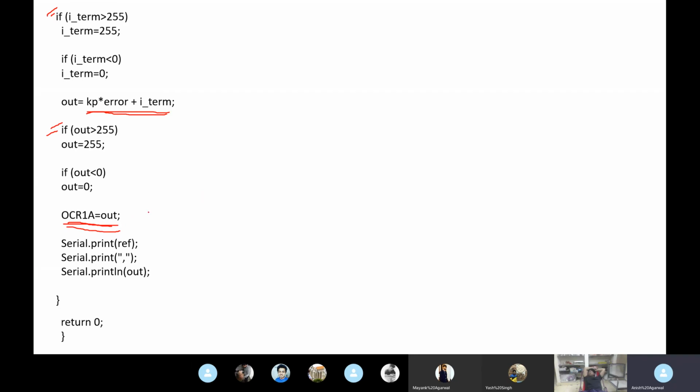Suppose output is 100. Initially this is the count of 0, this is the count of 100, and this is the count of 255. The microcontroller will be high initially, it will reach 100, it will go low, and it will stay low till 255. So the average value will be 5 into 100 by 255.